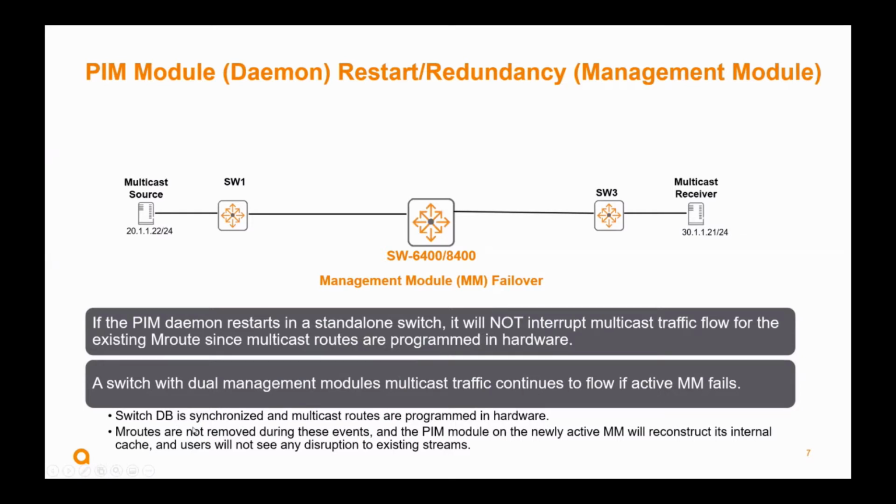Because the switch database is synchronized and the multicast routes were programmed in the hardware, and the mroutes are not removed during these events, that event being our management module failure, right? In the meanwhile, the PIM module on the newly active management module will reconstruct its internal cache, and the user doesn't see any kind of disruption, right?